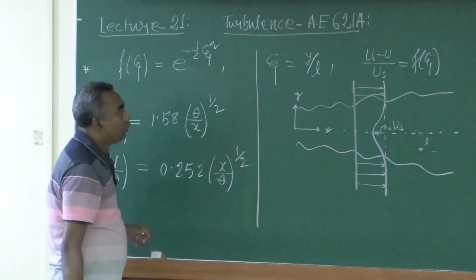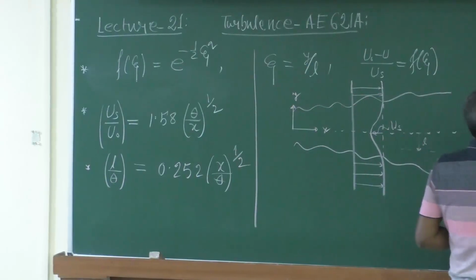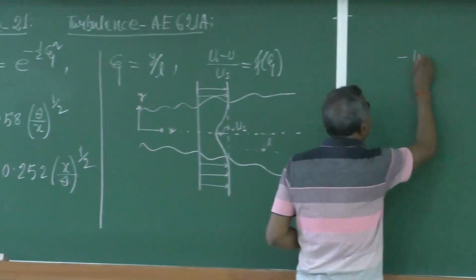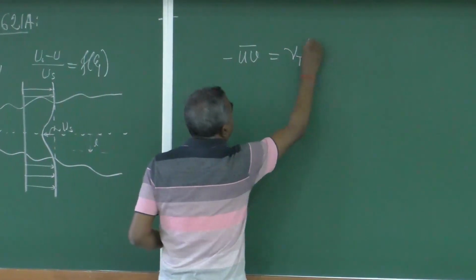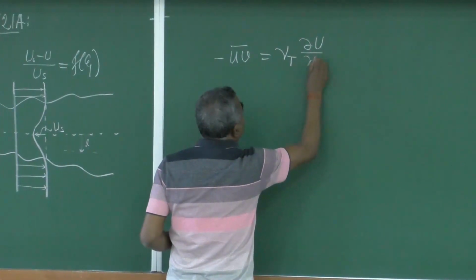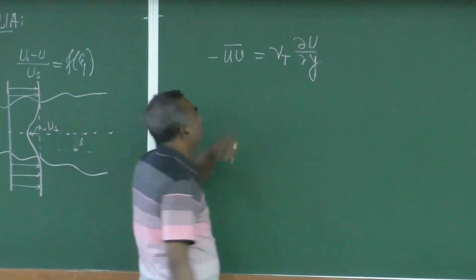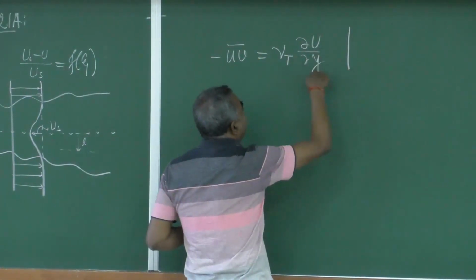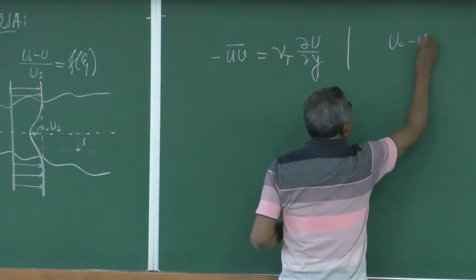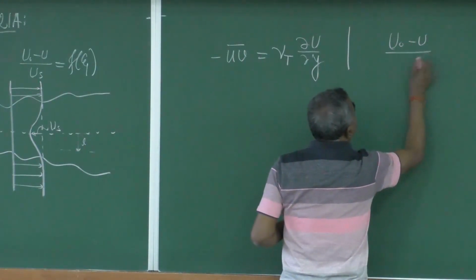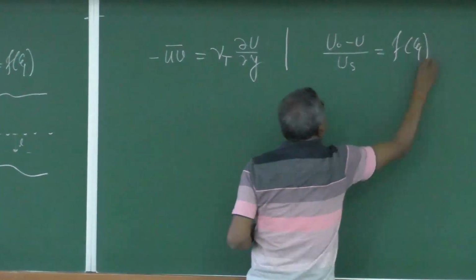Okay. All right. So, now let us consider the Reynolds stress. So, what is this Reynolds stress? The Reynolds stress can be written as this. Okay. Now, we can find the value of del u del y. So, we know that u naught minus u divided by us equals f of xi, right.